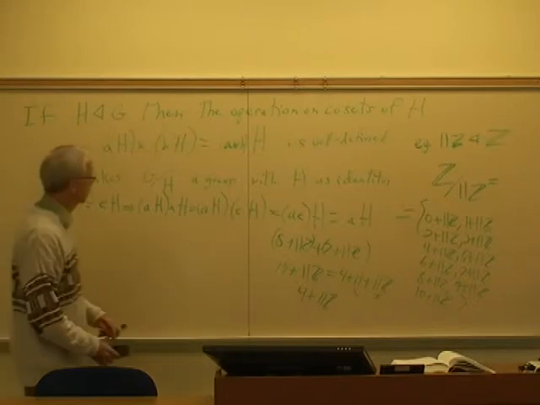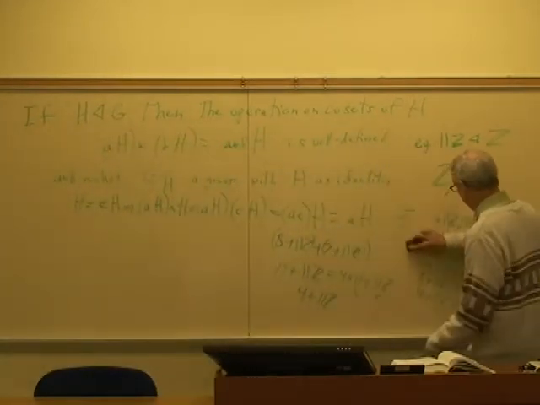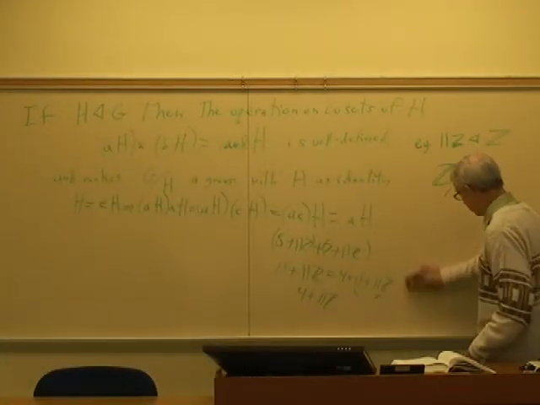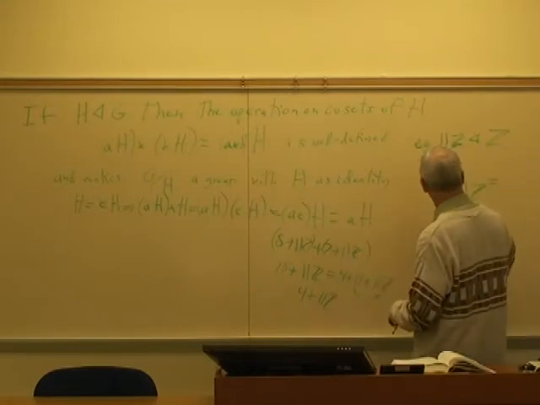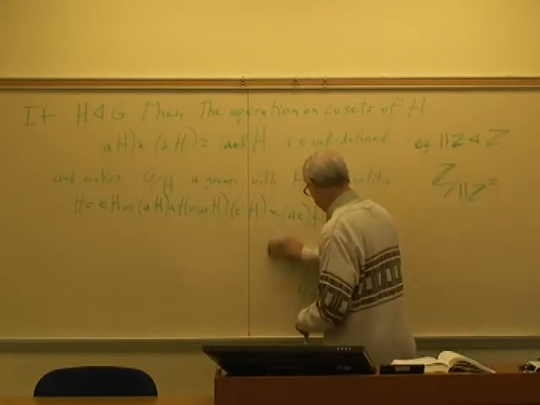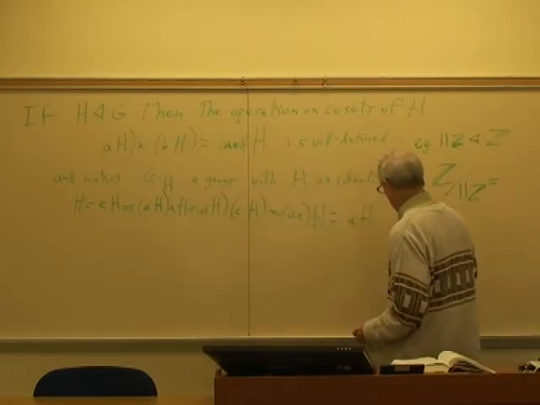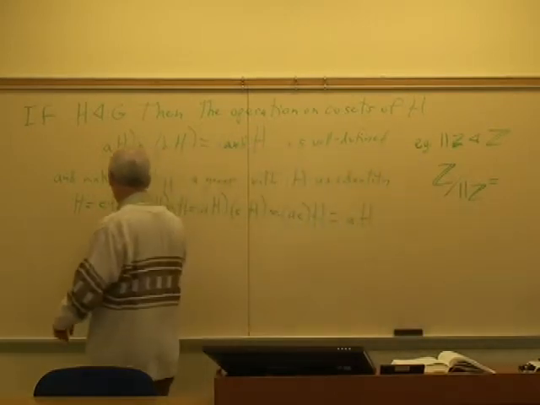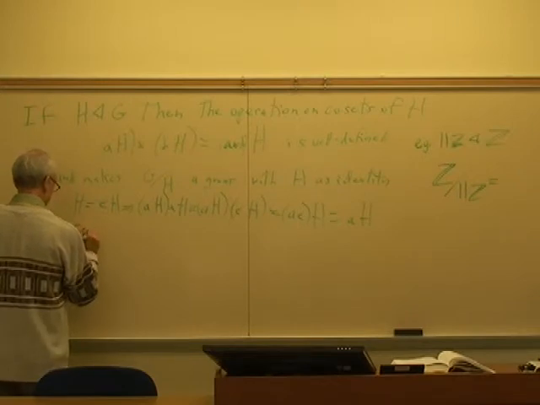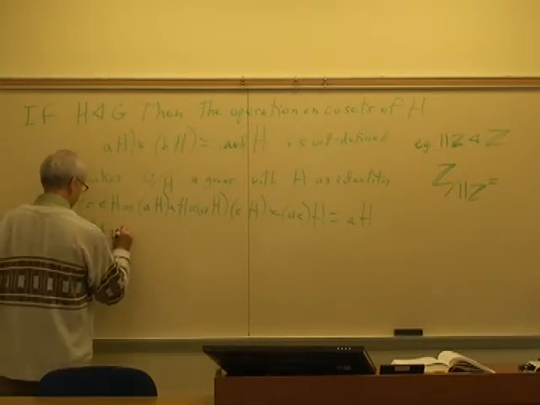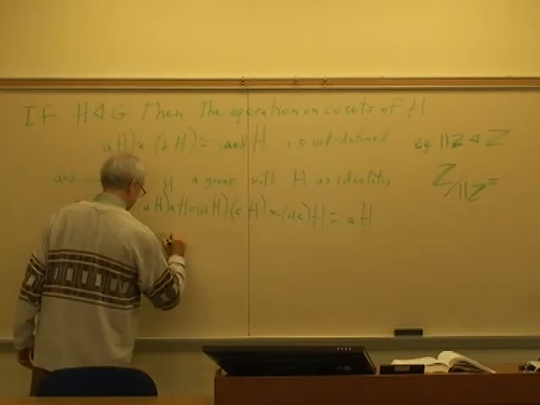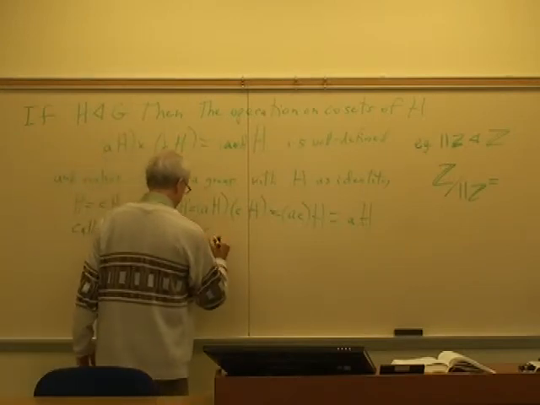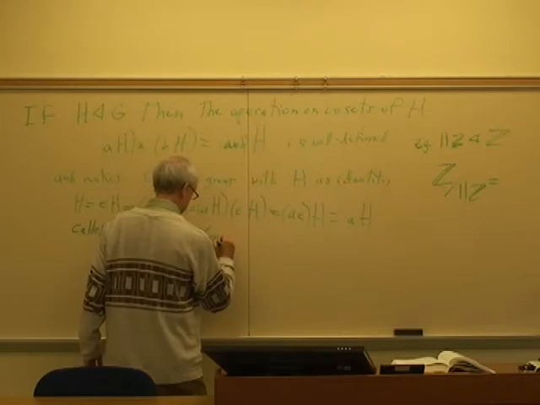Okay, so that's an example and definition of a factor group. So this group with this identity is called a factor group by our textbook, or more standardly, a quotient group.